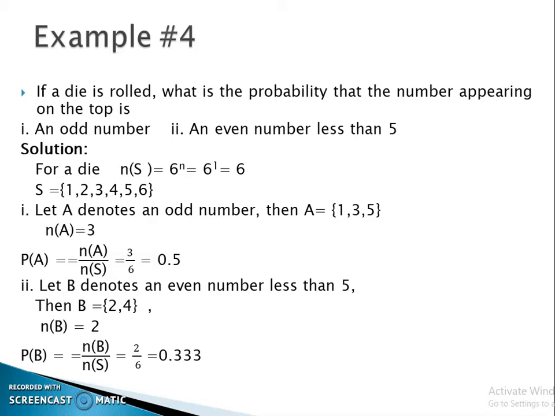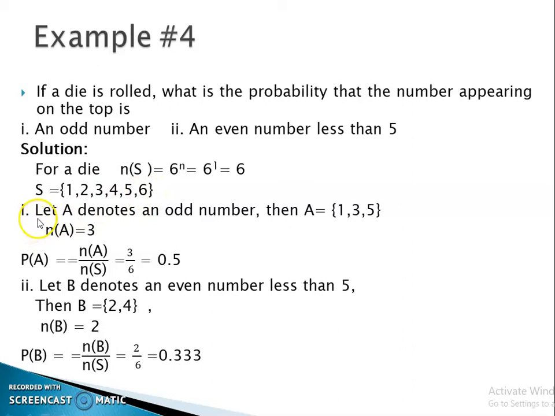For a die throwing experiment, the number of sampling points in the sample space is given by the formula 6 raised to power n. 6 is meant for 6 faces of a die and n is for number of dice or number of throws of a die. In this example, n is equal to 1, so 6 raised to power 1 equals 6. Sample space will consist of 6 possible outcomes: 1, 2, 3, 4, 5 and 6.